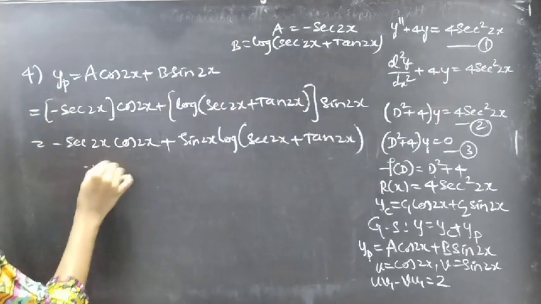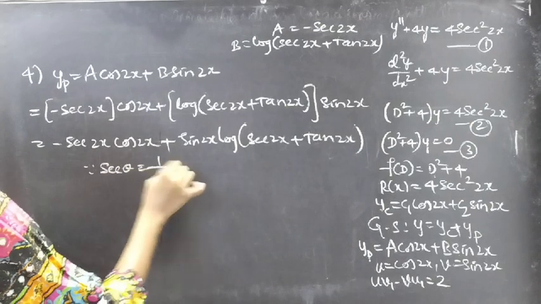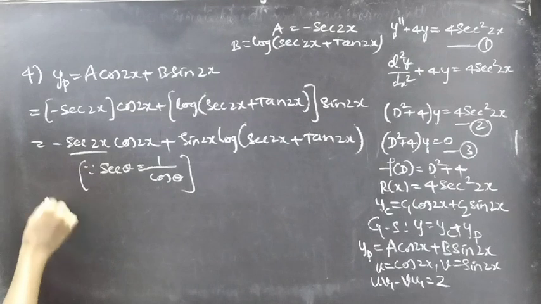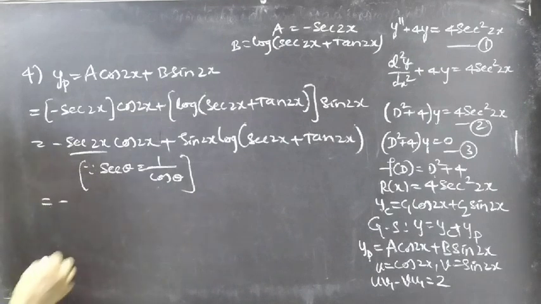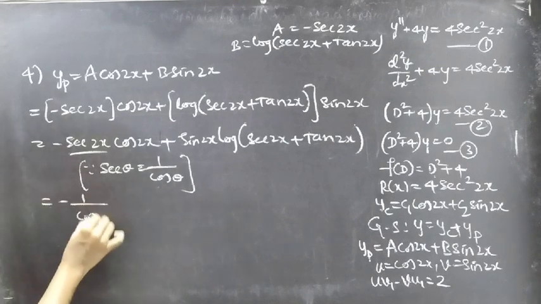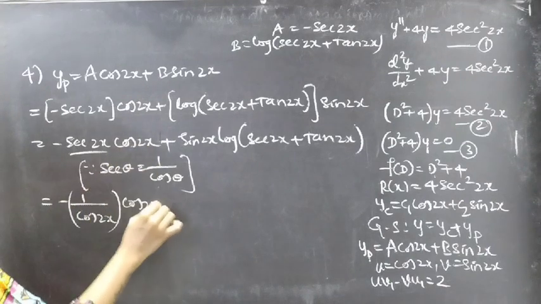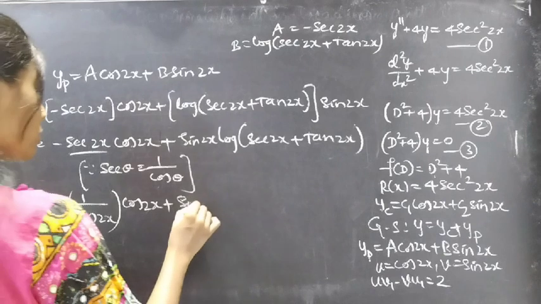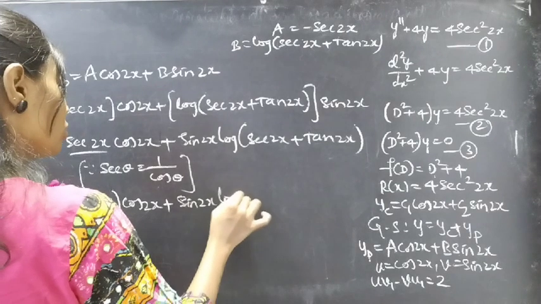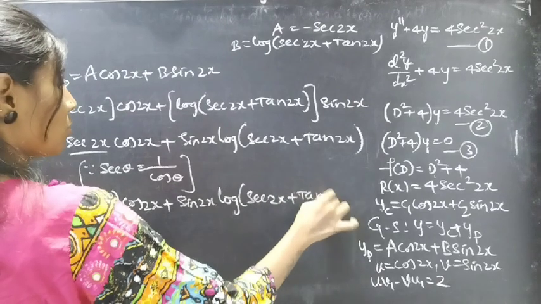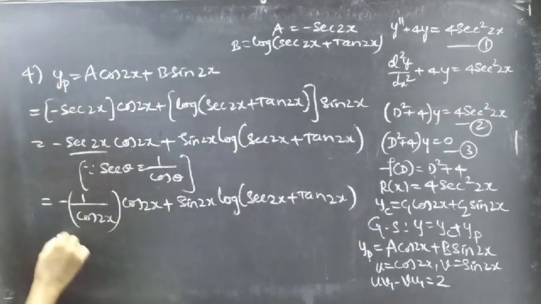Since we know that secant theta is reciprocal of cos theta, we'll just replace secant 2x with reciprocal of cos 2x. We'll get 1 by cos 2x into cos 2x plus sin 2x log of secant 2x plus tan 2x.